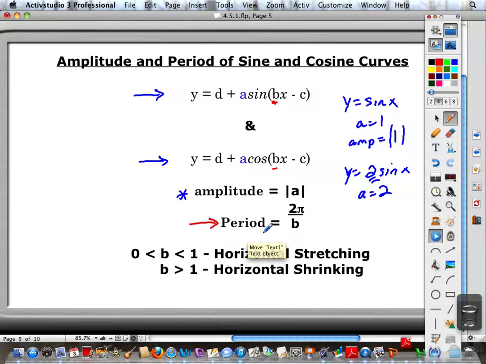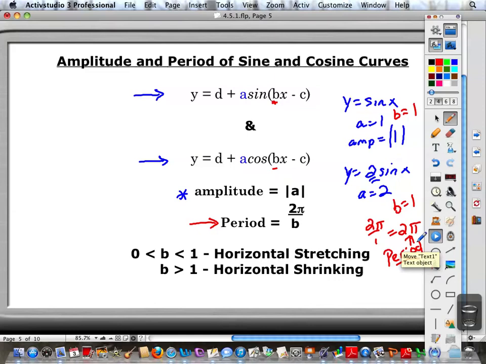That tells me how far that graph is going to go before it starts to repeat itself. So when we look at these original functions over here, in both cases, b was 1. So when I take 2 pi divided by 1, I get 2 pi. And there is my period. That's how far the graph went before it started to repeat itself.